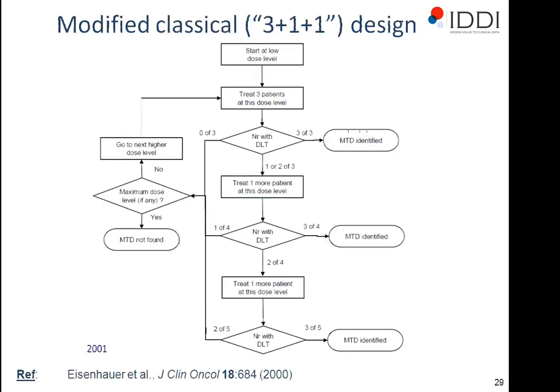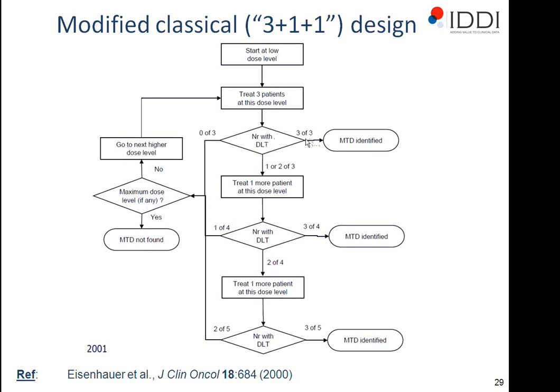For this reason, modifications of the classical design were proposed, and I show here one of them, which is called the 3+1+1 design, where we again start at the low dose level. You treat 3 patients at this low dose level, and then you look at the number of DLTs, and if there are none, then you go to the next higher level, or you stop if you reach the maximum dose.